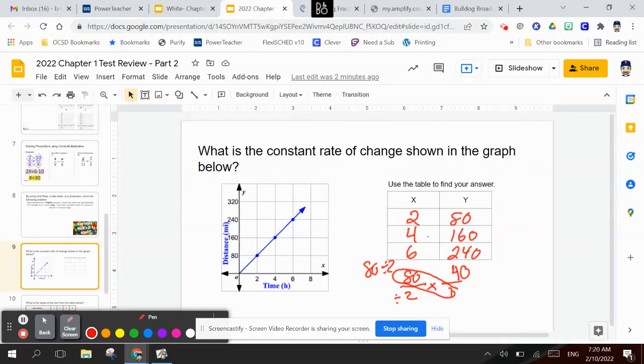So if this increases by 2, 40 times 2 would be 80. So if I add 80 to each one, it should be the same, which it is. So my rate of change is 40 miles for 1 hour.